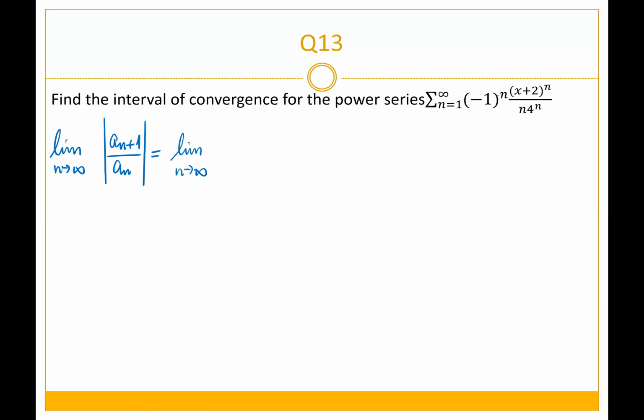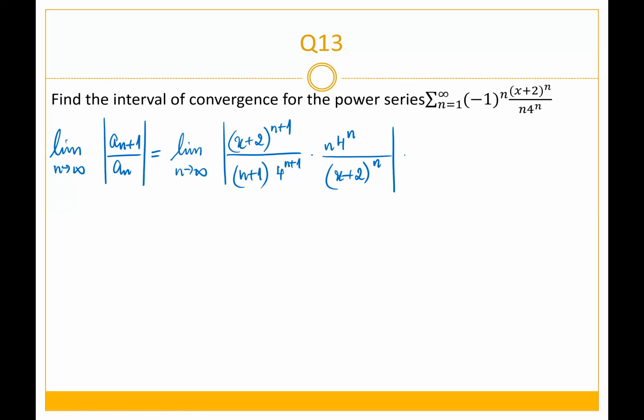When we take the absolute value, we can ignore (-1) to the n because that's just going to be 1. And so what we end up having is (x plus 2) to the n plus 1, divided by (n plus 1) times 4 to the n plus 1, multiplied by n times 4 to the n divided by (x plus 2) to the n.